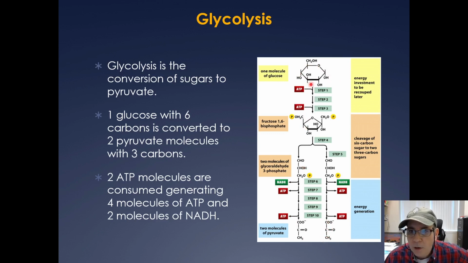And in this whole process, 2 ATP molecules are consumed in some of the early steps, and then in the later steps, you get the production of 4 ATP molecules and reduced NADH. And these 2 NADHs can then also be used for energy, as can the ATP molecules.